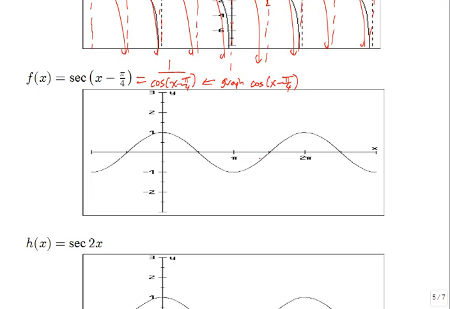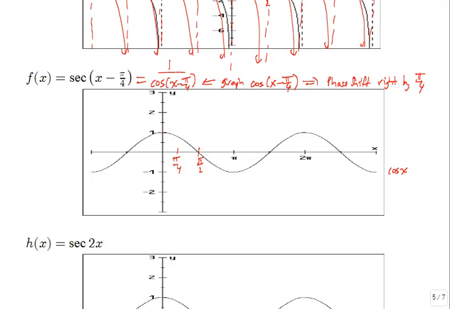So this graph that you are seeing right here, this is the graph of cosine originally. And what we need to do to it next is find cosine of x minus pi over 4, which is a phase shift to the right by pi over 4. So that's going to take this graph, here's pi over 2, and it's going to shift it to the right pi over 4.